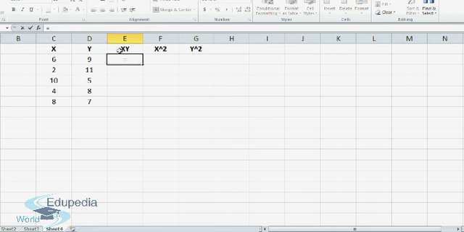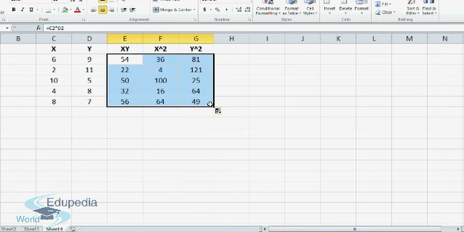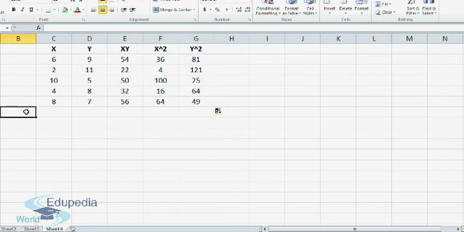So the first column will have the product of x and the column y, then it's x raised to power 2, and here it is y raised to power 2. Okay, dragging them down till the last value here. Yeah, we have all of these, and then let's take the sum over all of these.